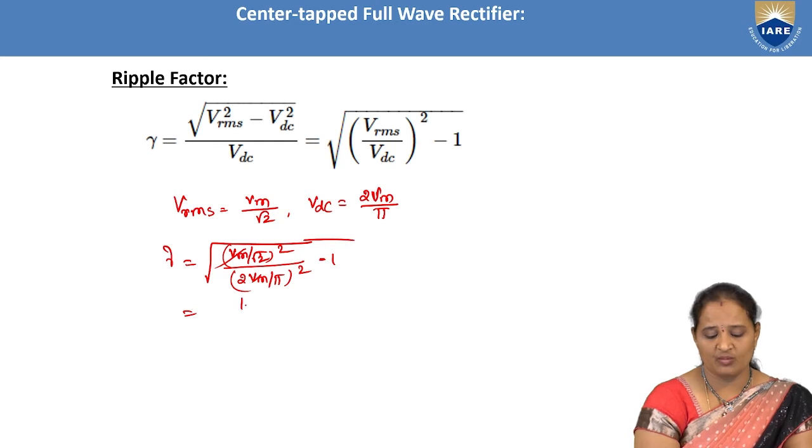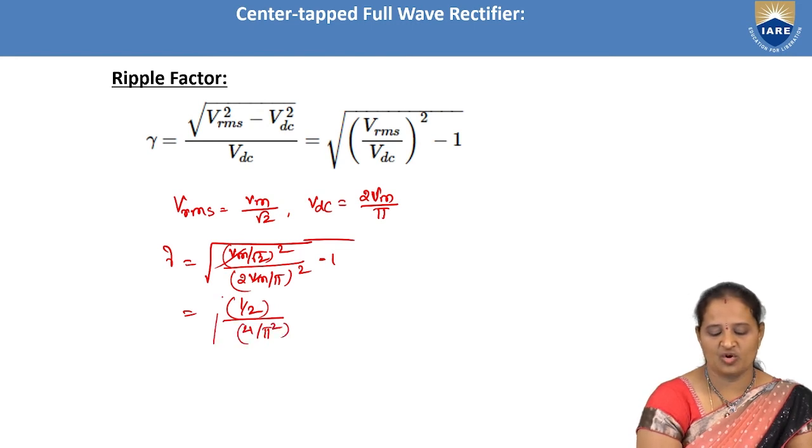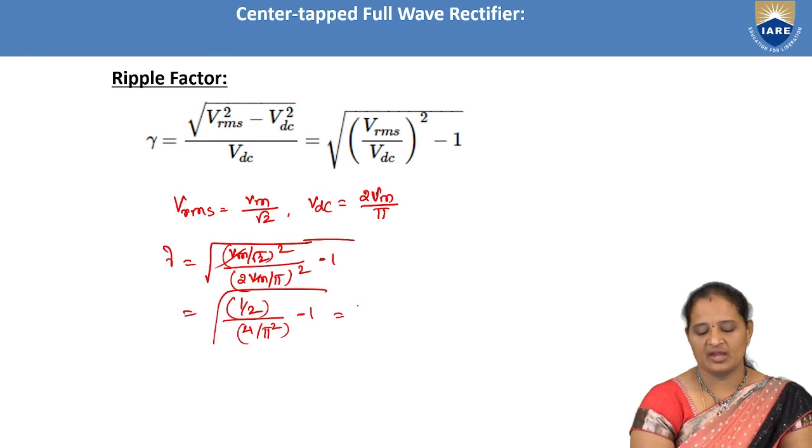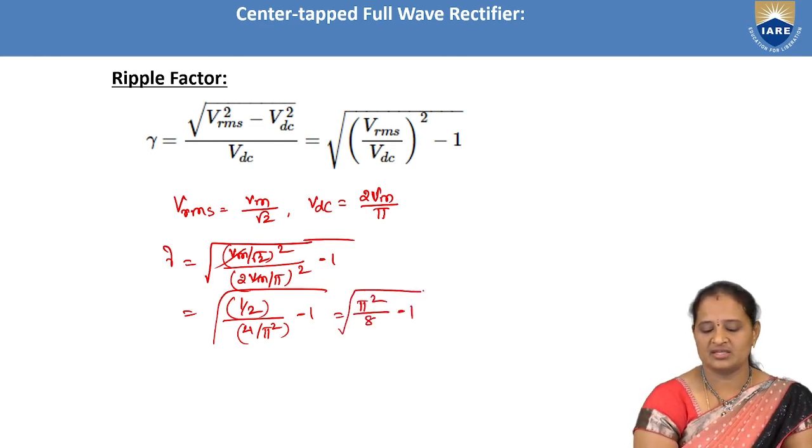Then we will be getting 1 by 2 in the numerator divided by 4 by pi square in the denominator minus 1. So what we are going to get is pi square divided by 8 minus 1.